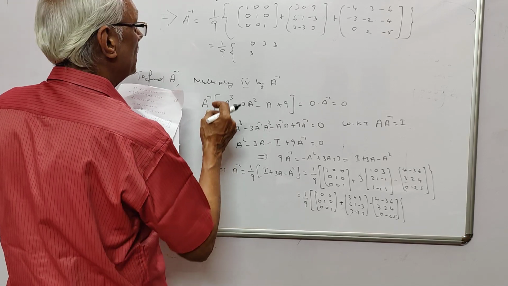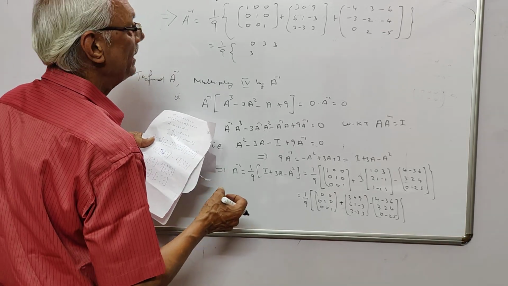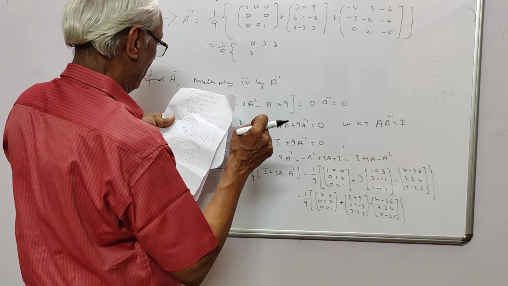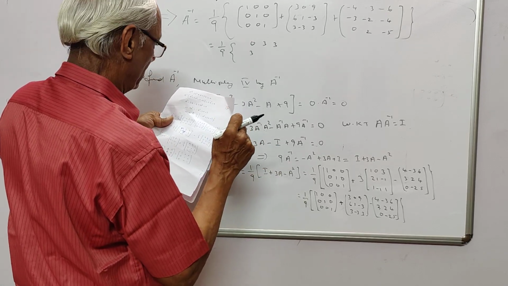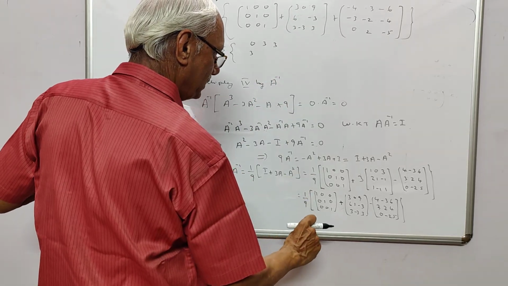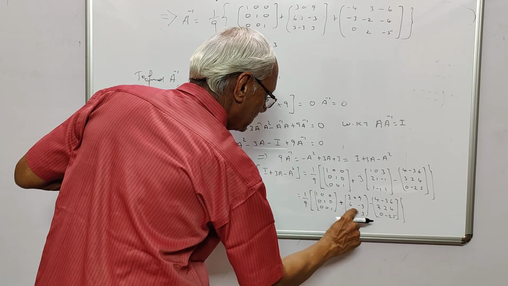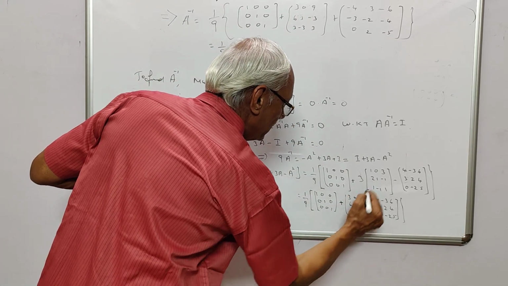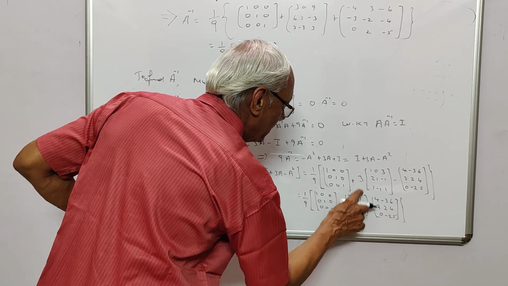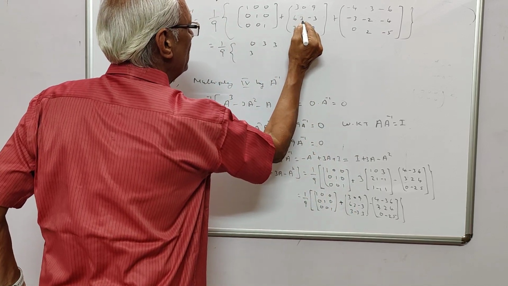Here let us check, it is minus 2, it is 1 by 9 into minus 4, 3, minus 6, minus 3, minus 2, minus 4, 0, 2, minus 5, 3, 0, 9, then 6, 3, 3, here it is 3, yeah? It is 6, 3, 3, it is 3, see, 3 into 2 is 6, 3 into 1 is 3, 3 into minus 1 is minus 3, so that's why I told you have to be very careful.